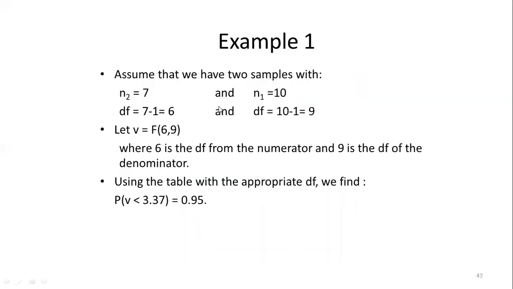So how do you read it? Let's say that you have two samples with N1 equal to 10 and N2 equal to 7. Hence, the degrees of freedom will be 6 and 9. If you're finding the F at 6, 9, the 6 should be from the numerator and 9 from the denominator.